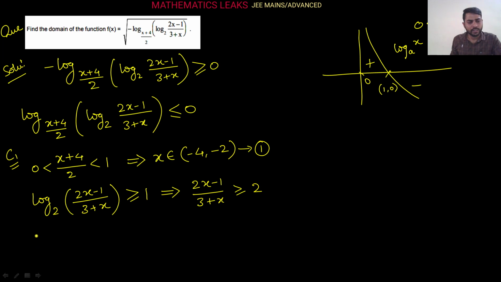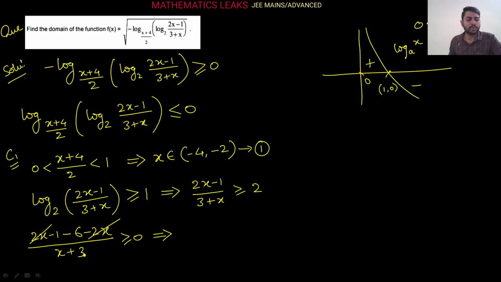Taking 2 on this side, on simplification we can write (2x-1-6-2x)/(x+3) greater than or equal to 0. Further on solving, 2x gets cancelled, and we get -7/(x+3) greater than or equal to 0.